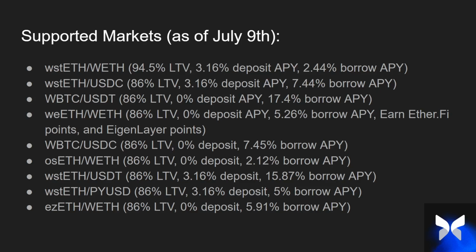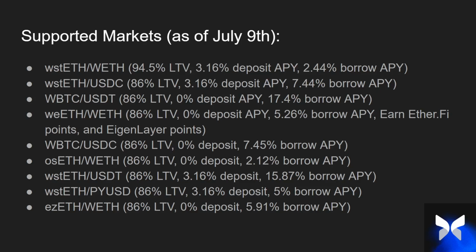Just based on the quick data, we can see that there's an opportunity here to loop our position and earn some extra APY. It'd be the difference between the deposit APY minus the borrow APY, multiplied by the leverage.